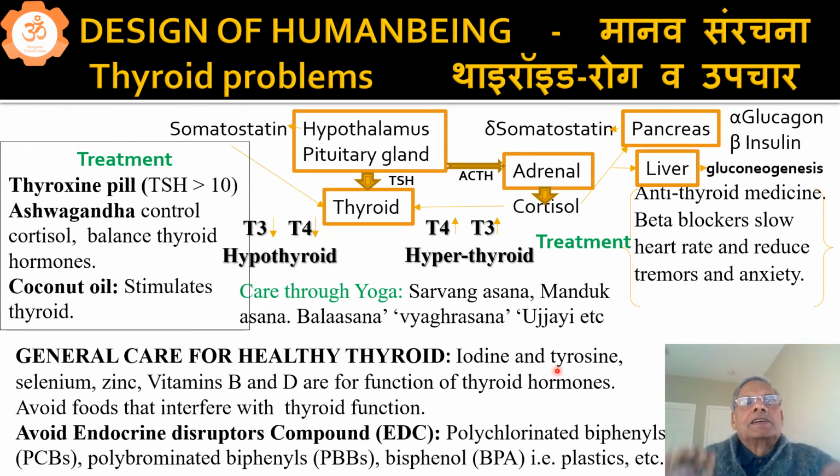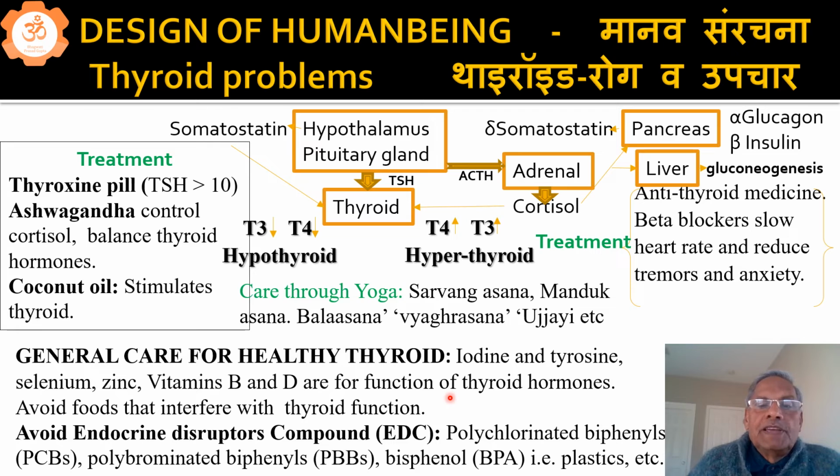This is also a good exercise that can reduce the chances of having thyroid problem. Actually, for healthy thyroid, iodine, tyrosine, selenium, zinc, vitamin B and D are required. Because if they are in proper quantity, then thyroid hormones will function properly.